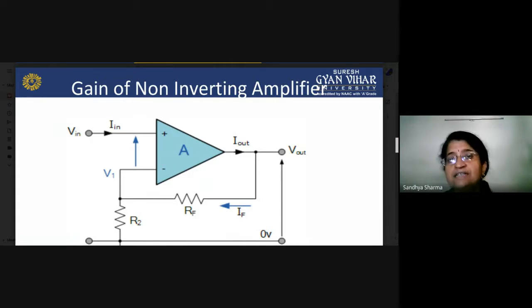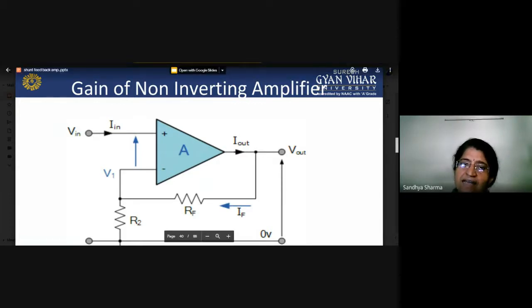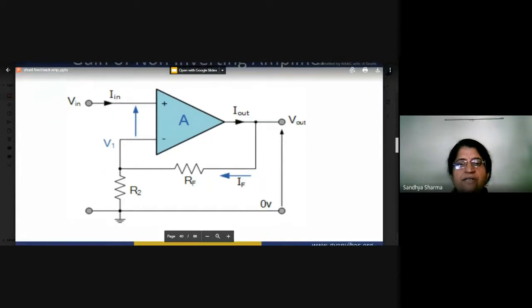Which terminal is the non inverting terminal? Pin number 3 acts as the non inverting terminal, as we have seen in previous slides. You apply your input signal VIN at the non inverting terminal, and you provide the feedback path again to the inverting terminal.